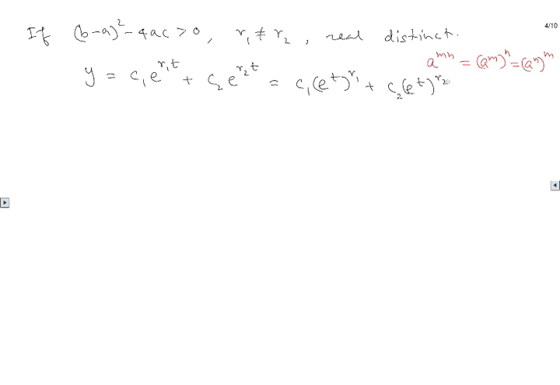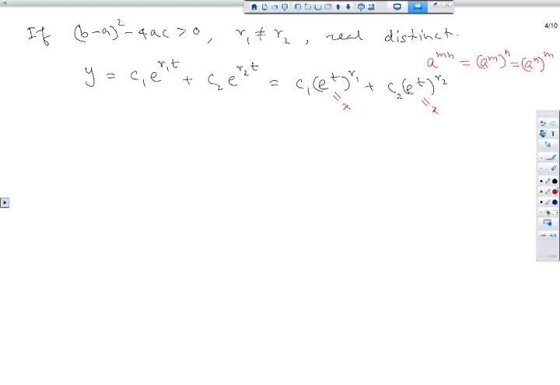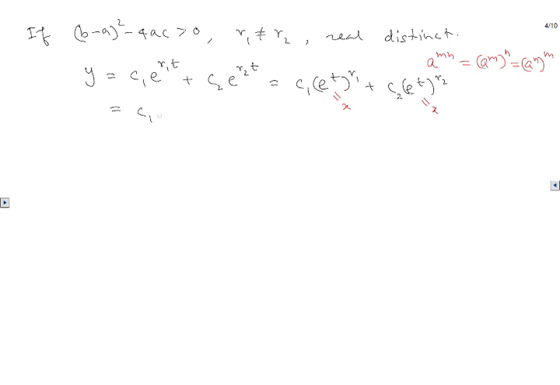But we know from the substitution that e to the t is simply equal to x. So we can replace that, and the solution is simply c1 x to the r1 plus c2 x to the r2. That is the solution when b minus a squared minus 4ac is greater than 0.